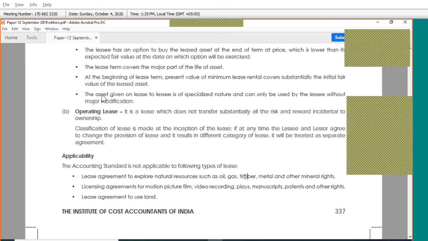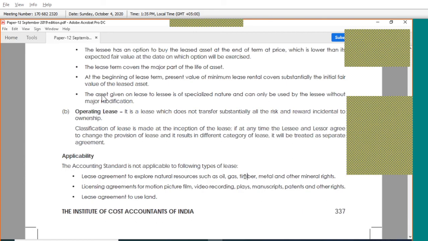Then what? Reward. What do you mean by reward? Reward means I got a lease plant and machinery for my business purpose. What is the reward I will get if I use the plant and machinery?